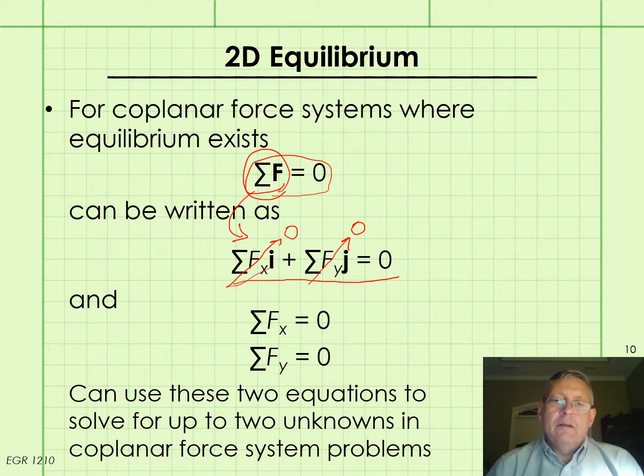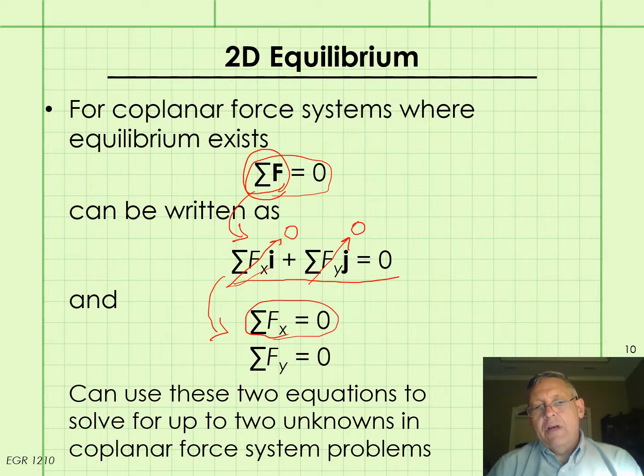And that allows us to write these two equations here, scalar equations, which says that the sum of the magnitudes of the forces in the x direction on the particle is equal to zero.